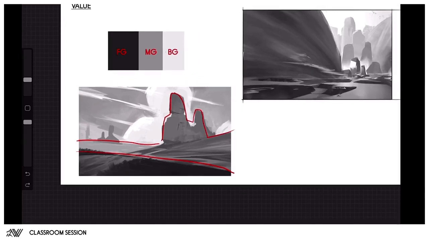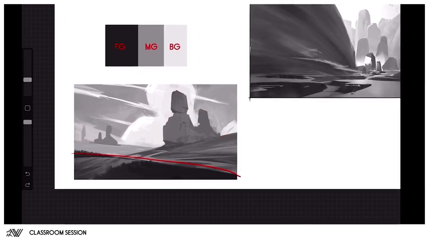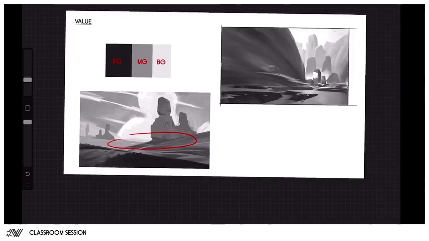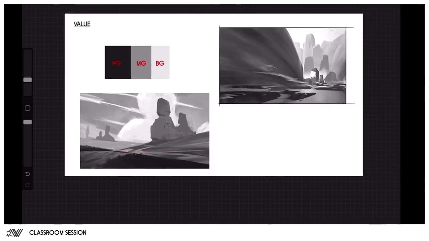And there are many experienced artists that definitely break these rules, where they will have the lightest value, for instance, in the midground or in the foreground, just to demand your attention. But that just comes from experience. But usually a good rule of thumb is have a dark foreground, a kind of grayish or halftone midground, and then a pretty light background. And then you can still play with these values to add more depth as you go along.